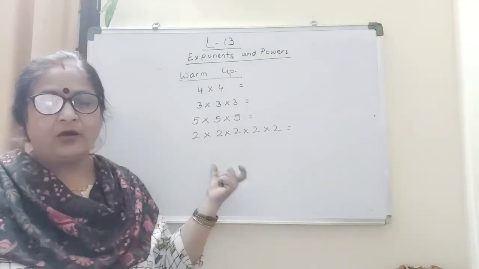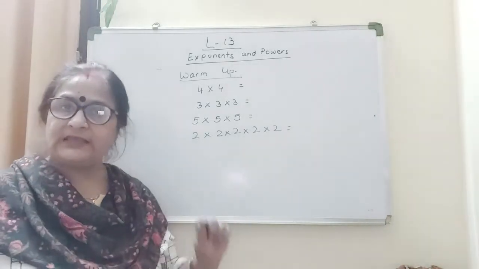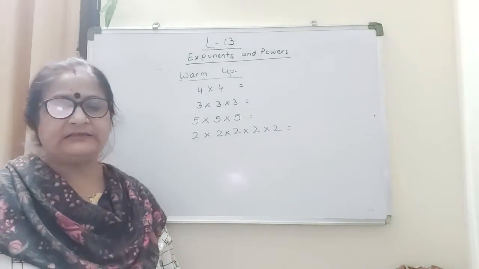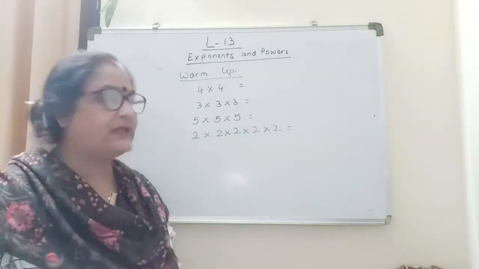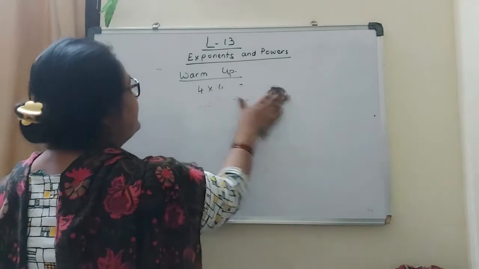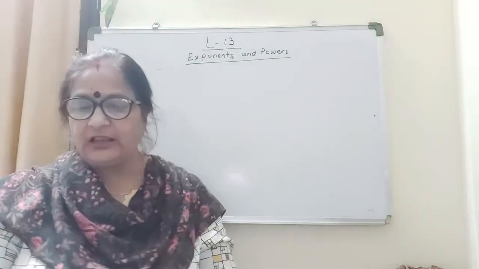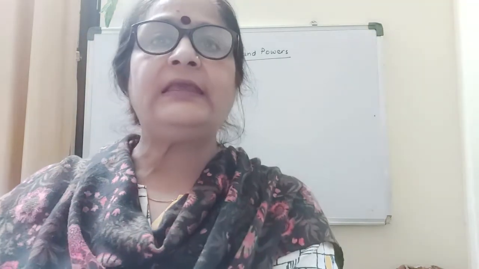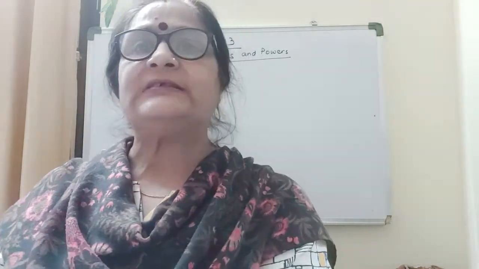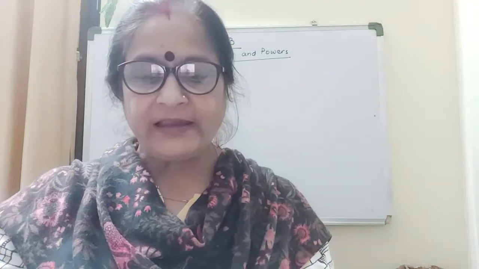Okay, now where we have to multiply the same numbers many times, we say that we are expressing these numbers in exponential form. Writing it in this form is known as exponential form.